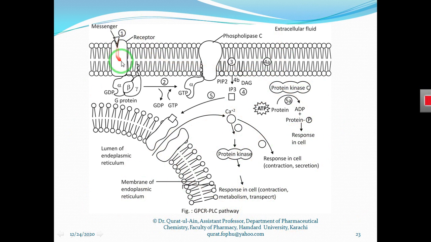Here is the receptor. Whenever our messenger binds with the receptor, this messenger is the first messenger. We can call it the first messenger because it is external, and it is one of the first molecules that initiates the signal.